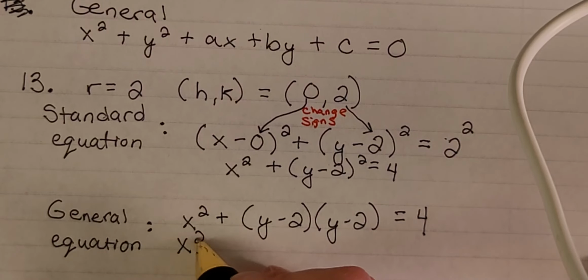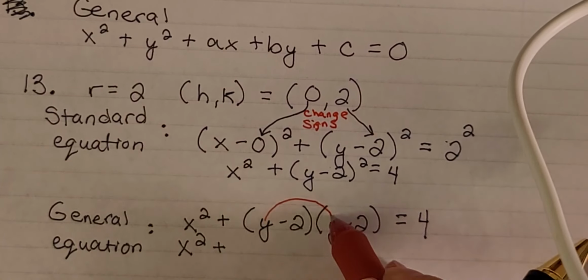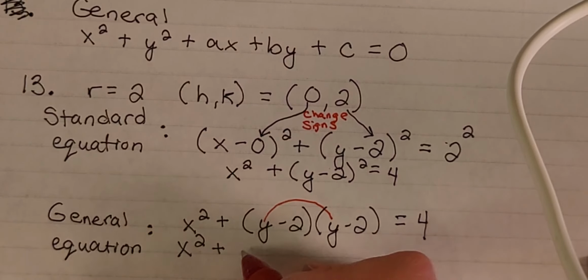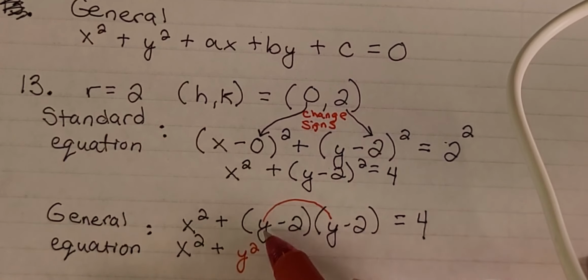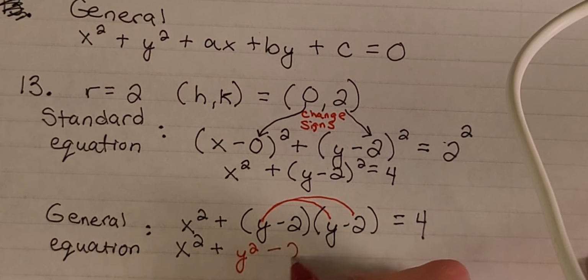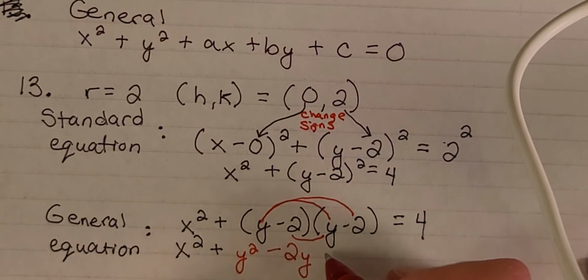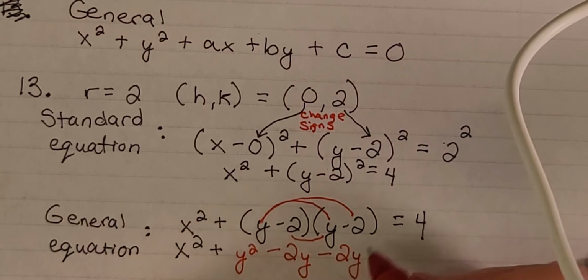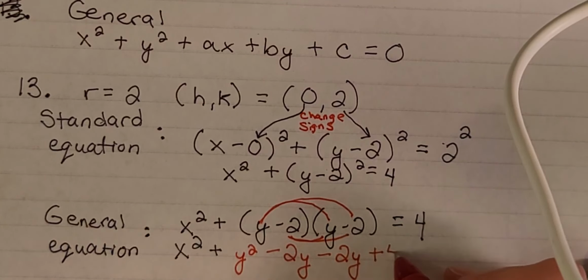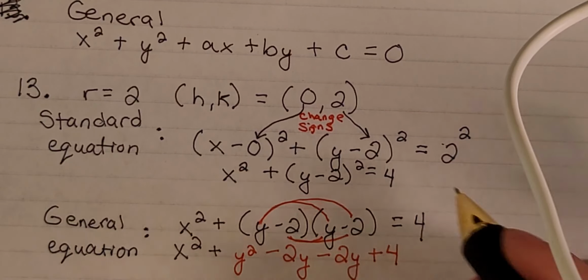So we get x squared plus, and we need to do y times y. So that's y squared. Y times negative 2 is negative 2y. Negative 2 times y is negative 2y. Negative 2 times negative 2 is positive 4. And then the equals 4 is just carrying down.